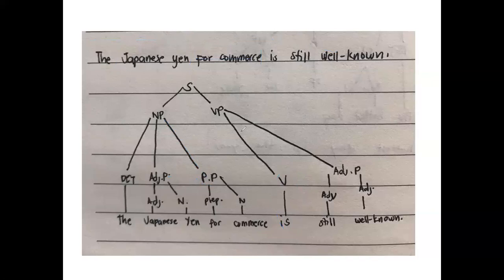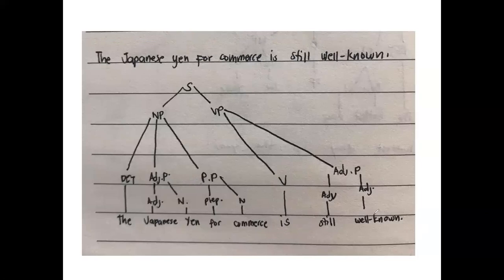And we have the VP in here. The verb is still considered a special verb, so we should not include it in every phrase because the verb is special. And we have still well known. Well is another word, known is another word, but this is considered a compound noun, I think.